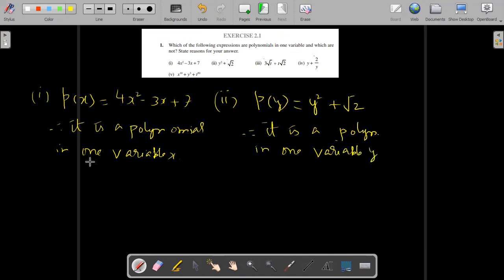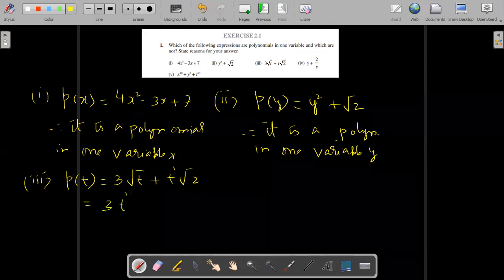Now check the third one. Here you have been given a polynomial in one variable t, but we have to check whether it is a polynomial or not: under root t plus t root 2. Here the power of t is 1, but what is the power of t in the root? Root t means t raised to power 1 by 2, which is not acceptable for a polynomial.